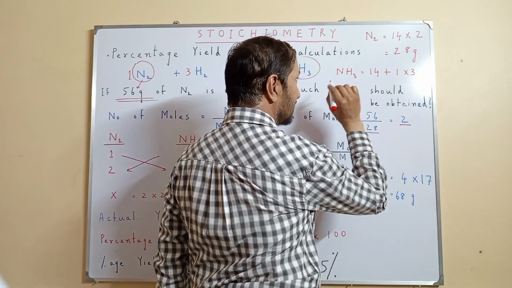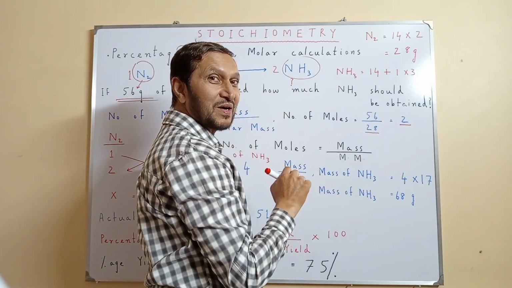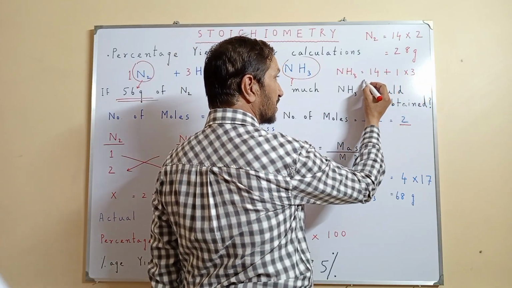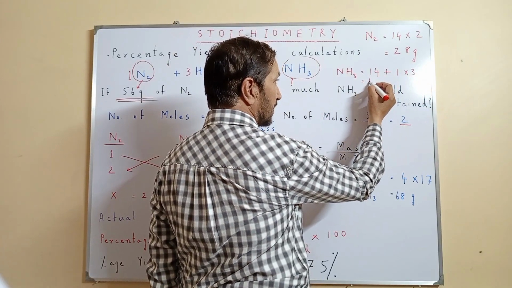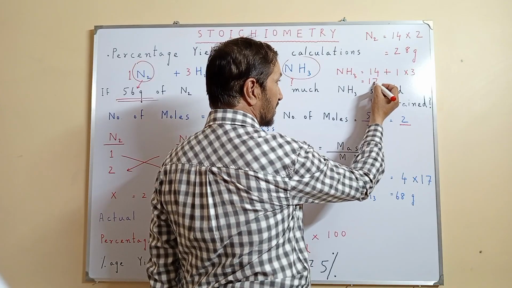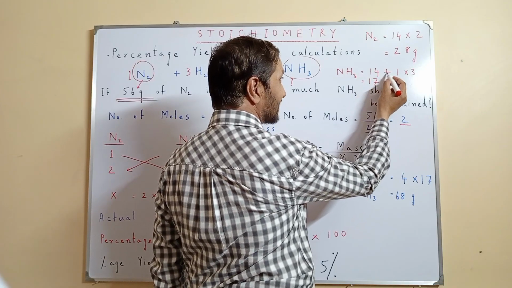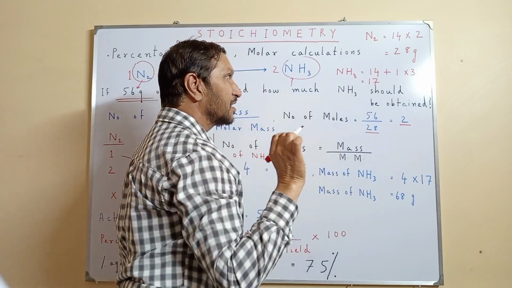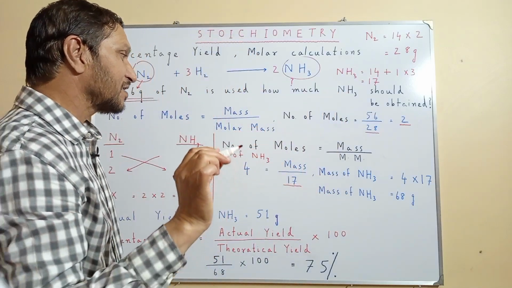Why multiply by 3? Because there are 3 atoms of hydrogen. So 3 ones are 3, plus 14 is equal to 17. So what is the molar mass of ammonia?